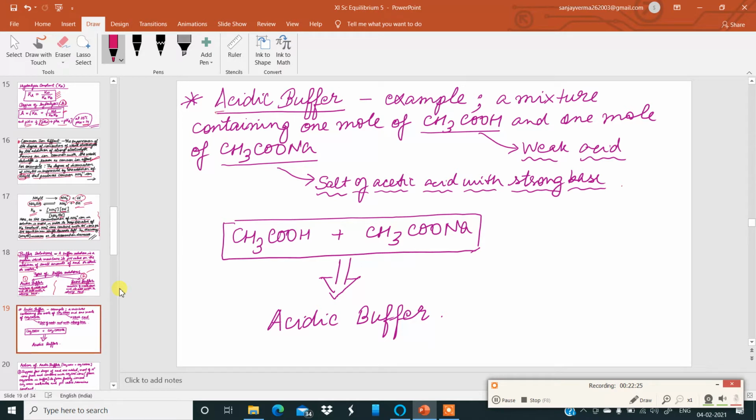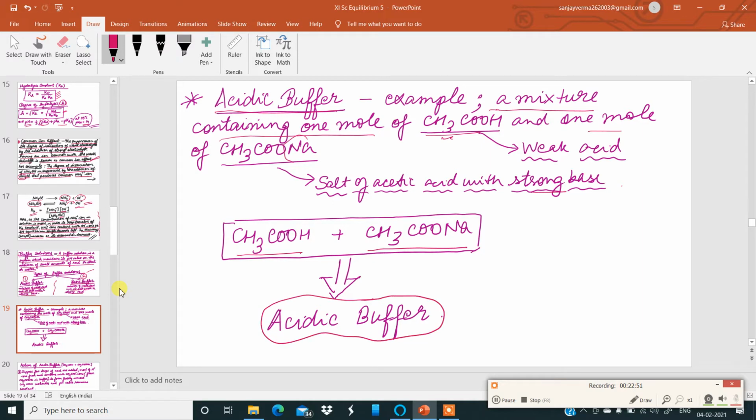Let's take an example of acid buffer. A very good example is a mixture containing 1 mole of acetic acid and 1 mole of sodium acetate. Acetic acid is a weak acid and sodium acetate is a salt of acetic acid containing a strong base. Acetic acid and sodium acetate form an acidic buffer.